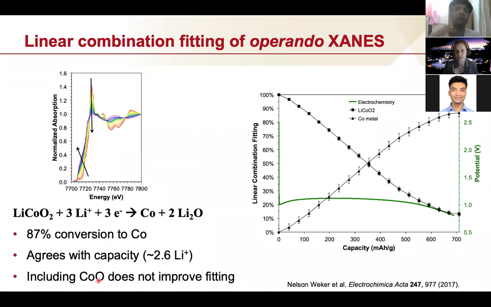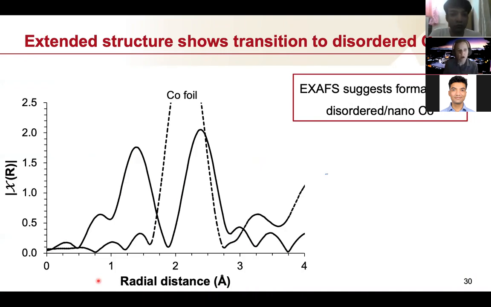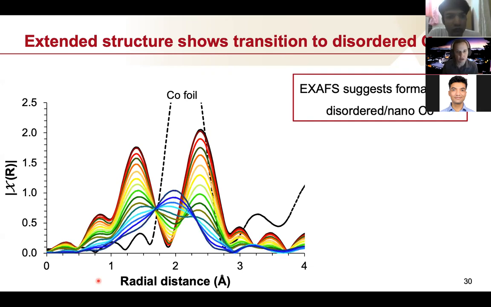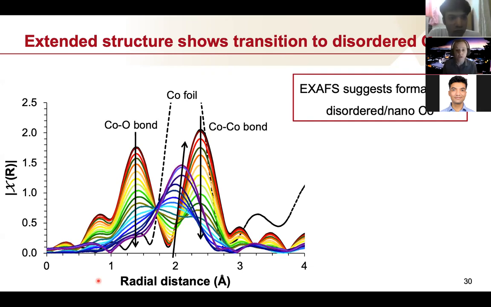But I'm a microscopist. I want to see this. I want to have the benefit of having the morphology change and the chemistry change at the same time. So the way we do that is, oh, sorry, I jumped ahead. We did also take EXAFS because we get that for free. So we looked at the extended structure, and that also suggests that we're forming nano cobalt.